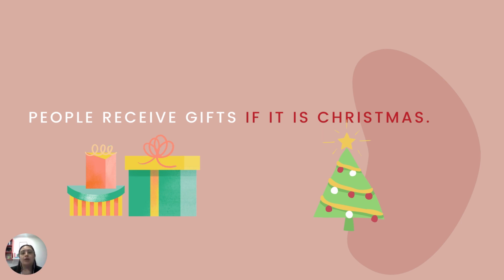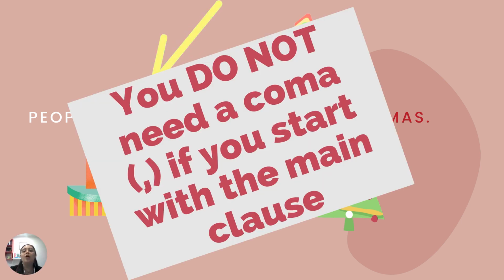Now what is more, in color red, okay? Take a look here. We changed the places. We started with the result and then we have the condition. And when that happens, you do not need a comma if you start with the main clause.